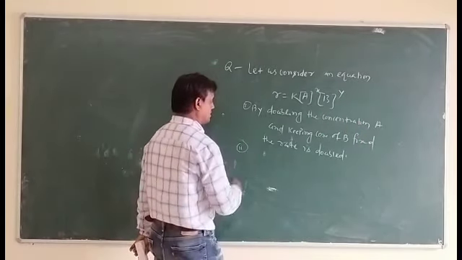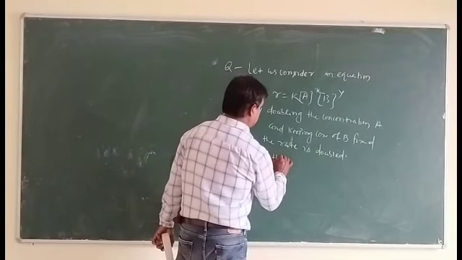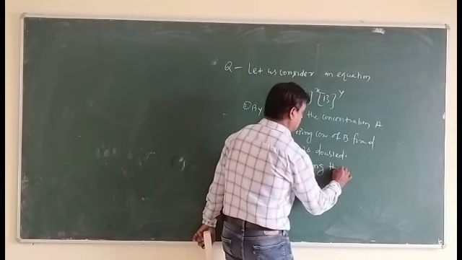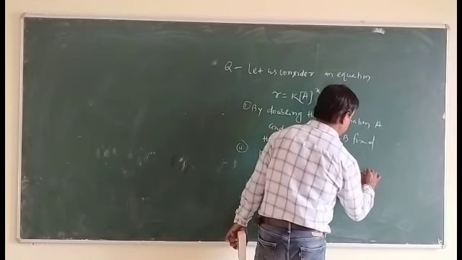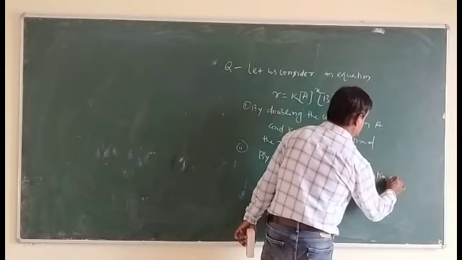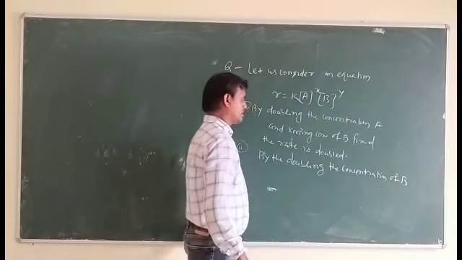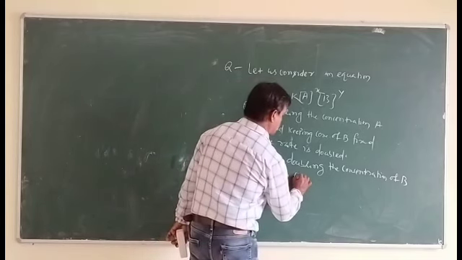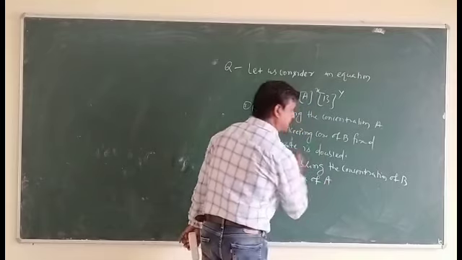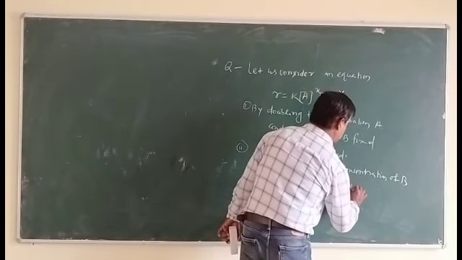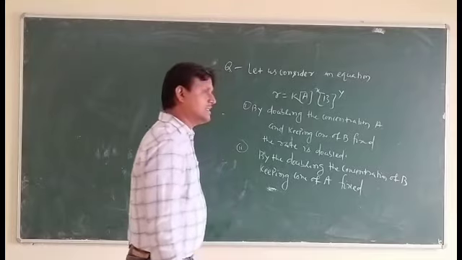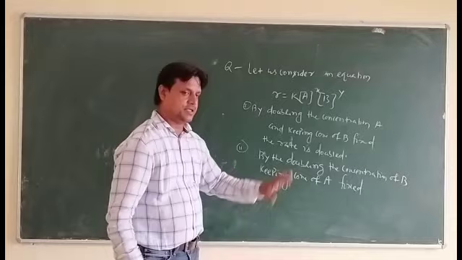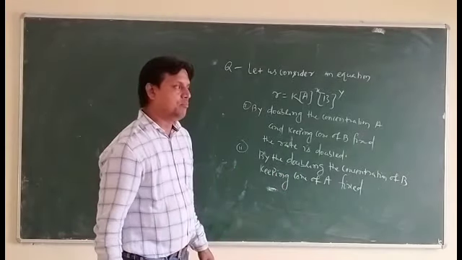Similarly, by doubling the concentration of B, keeping the concentration of A fixed, the rate became 4 times.